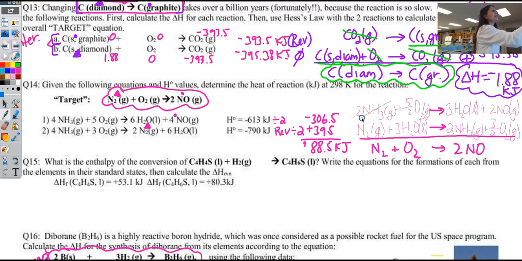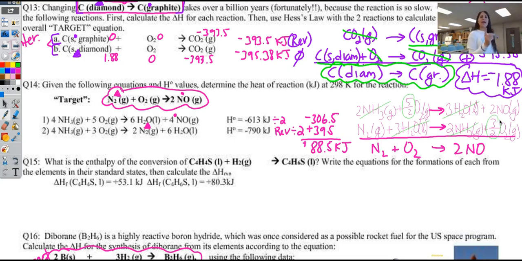So I can see that my 2 NH3s cancel out right there. I can also see that my 3 H2O liquids cancel out. Okay, now here's a weird thing. I can see that my O2 is different. On this side, I have 5 halves, and on this side, I have 3 halves.